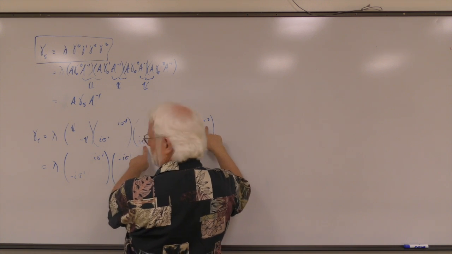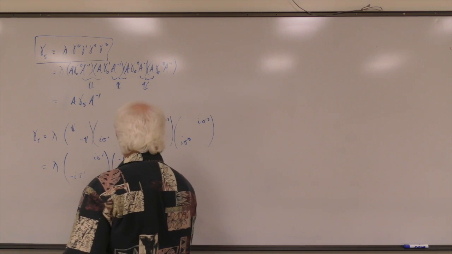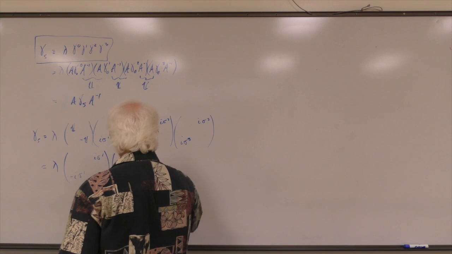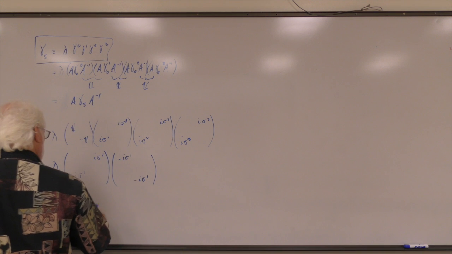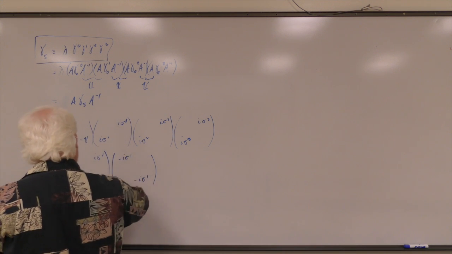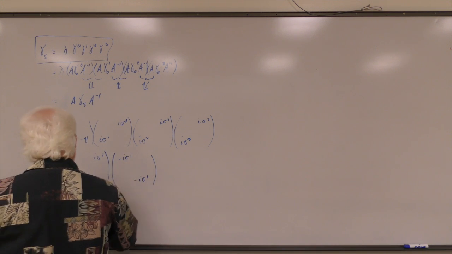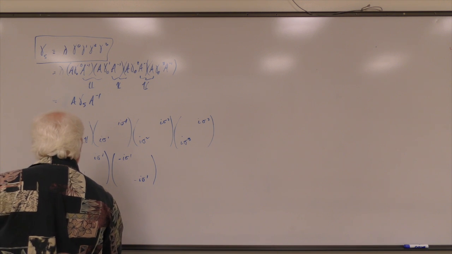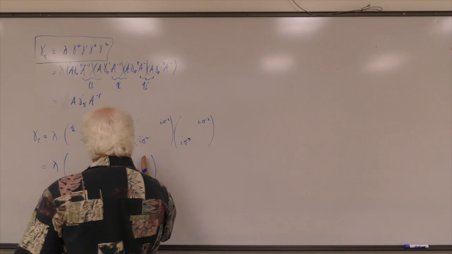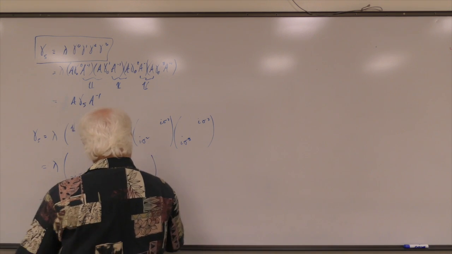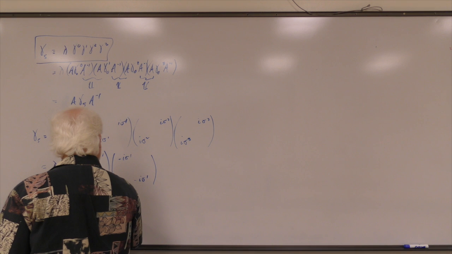Then sigma 2 times sigma 3 is i sigma 1 again, with the minus sign. And so finally, carrying out this multiplication, I get a minus sigma 1 squared, that's minus 1. Sigma 1 squares to the 2 by 2 identity. And then here, this one gives in the upper right corner plus 1.